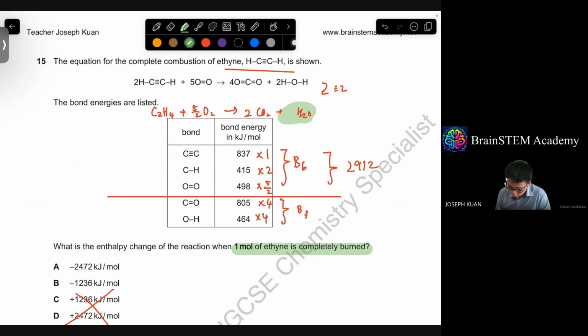So what we need to do is you have two methods. Either you can do this whole thing, but the numbers are larger. That's why I decided to simplify it. And then you just calculate the bond breaking and bond formation, and then later you divide by 2. And here, instead, we divide by 2 initially. The mistake that I made is the ratio. So it's a 2-to-1 ratio. So now I don't need to times 4, I need to times 2.